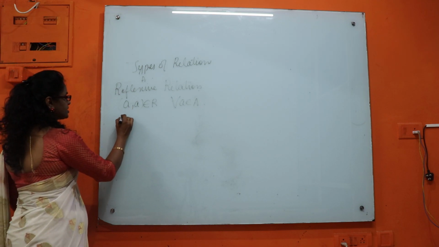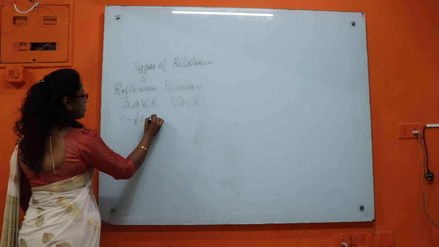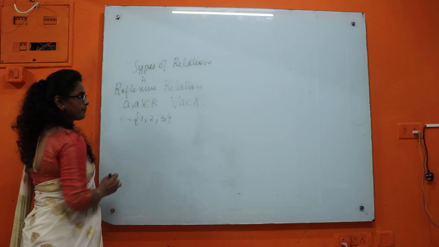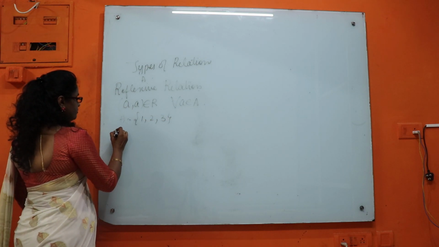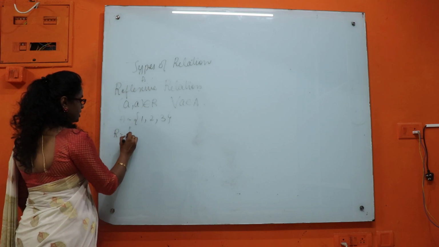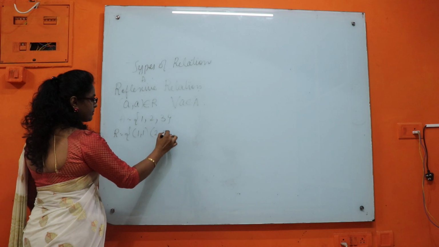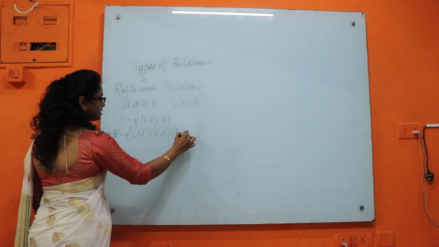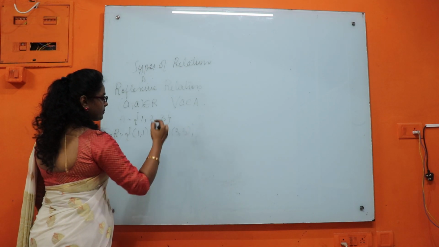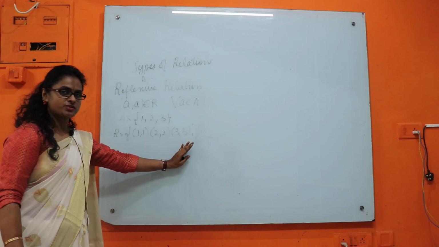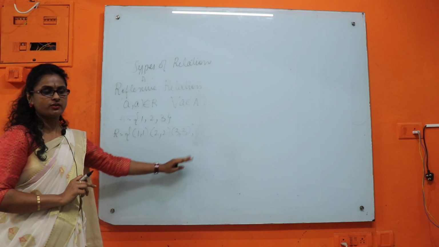For example, if I take A equal to {1, 2, 3}, I can write a relation saying (1,1), (2,2), (3,3). If only this much is written, it is an identity relation.